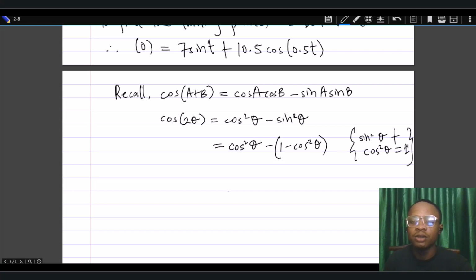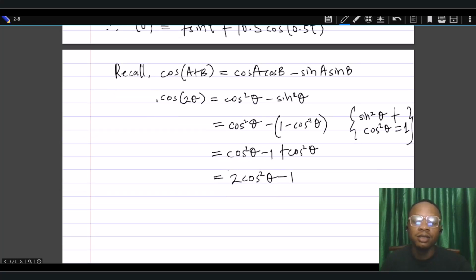This is one of the trigonometric relations you know by now, or you're expected to have known. So by this, we will have cos squared theta minus 1, then this becomes plus cos squared theta. So this gives us cos squared theta plus cos squared theta, that is 2 cos squared theta minus 1.